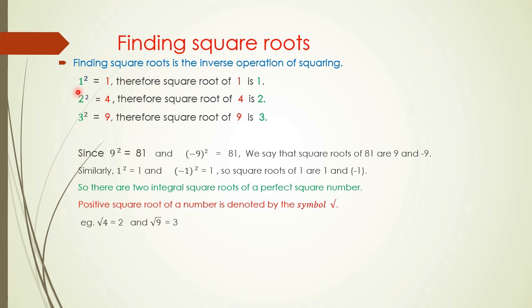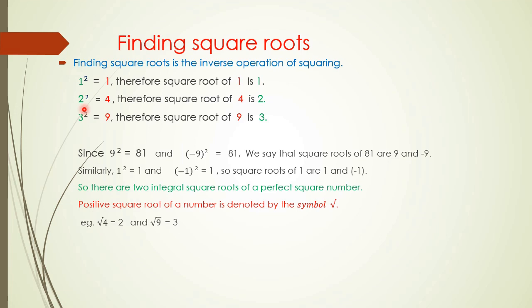Okay children, you know 1 square is equal to 1. So we can say the square root of 1 is 1. 1 square is 1 into 1, which is equal to 1. So this is the square and this number is the root.